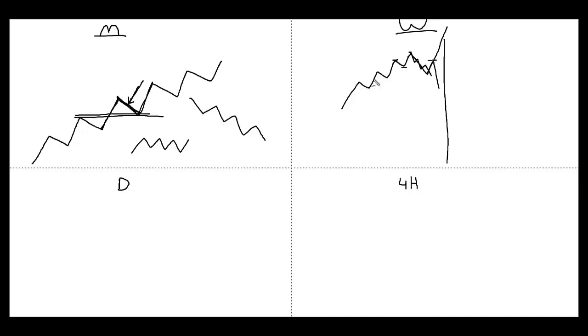Sometimes the weekly chart is correcting itself into support. By the time we start correcting ourselves, the daily chart looks super nice, super upside, and everything, and then all of a sudden this happens.